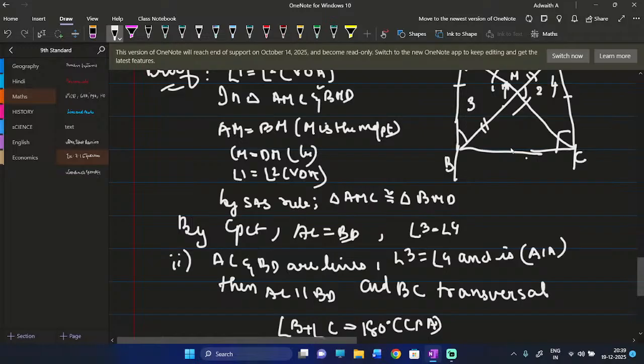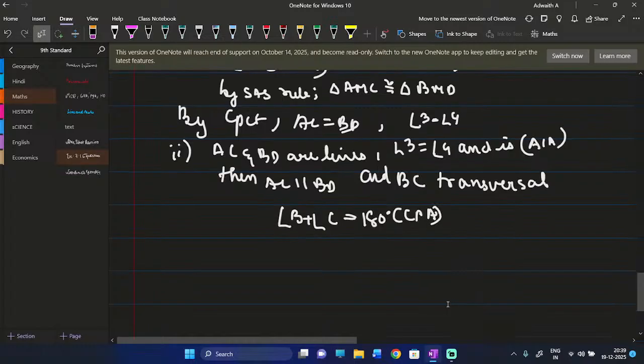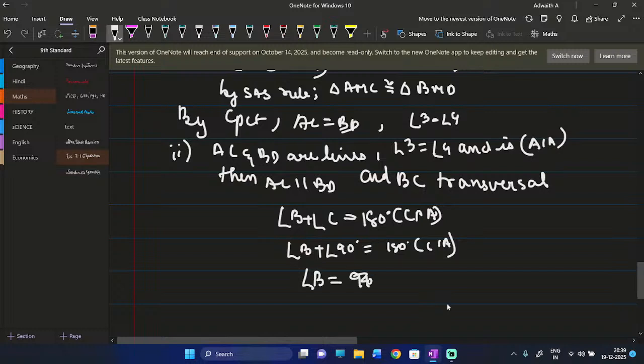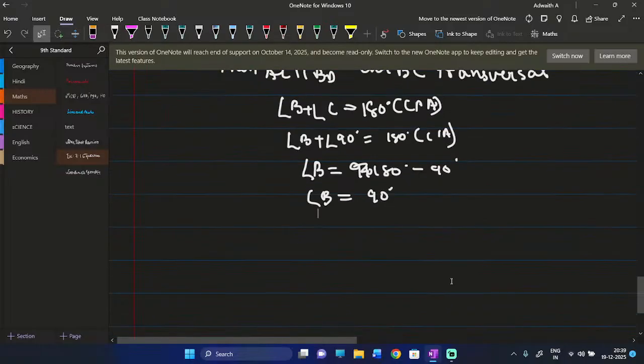No need, no construction. This angle is equal to this, supplementary. Co-interior angles are supplementary. Angle B plus 90 degrees equals 180 degrees, co-interior angles. You can again write the reason. Angle B is equal to 180 degrees minus 90 degrees, which is 90 degrees. Angle B is a right angle.